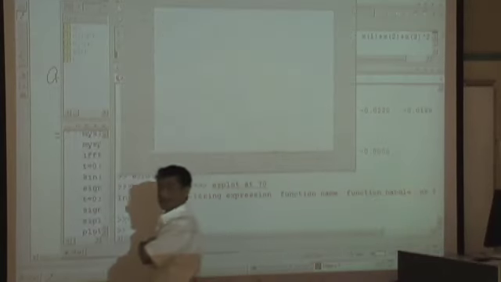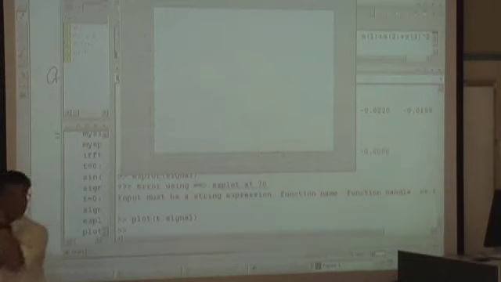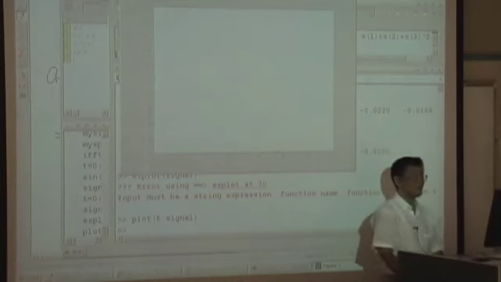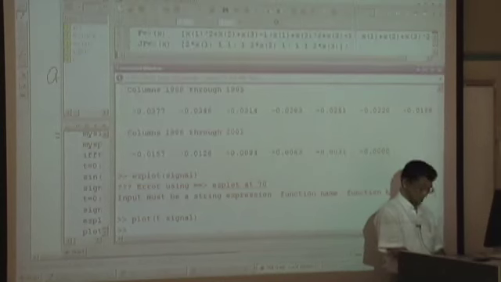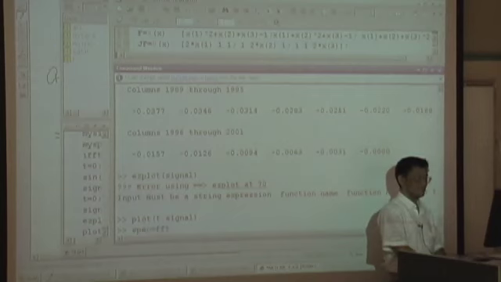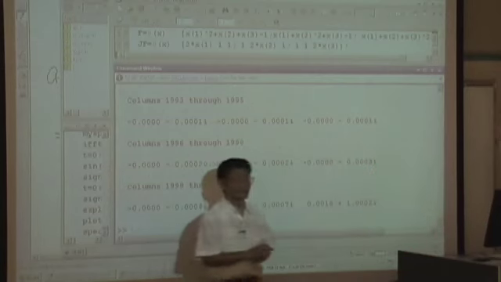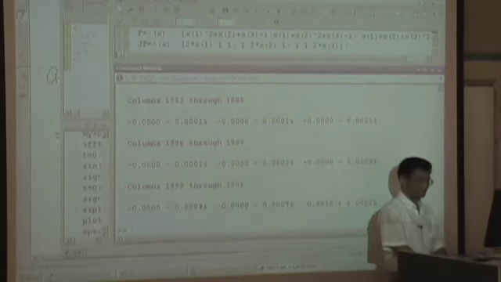And as you can see, the only contribution comes from sine t, right? So let's check whether it really happens this way. To do it, I will now do the FFT. So the spectrum is the FFT of the signal. So I did the FFT. Now I will plot this thing.